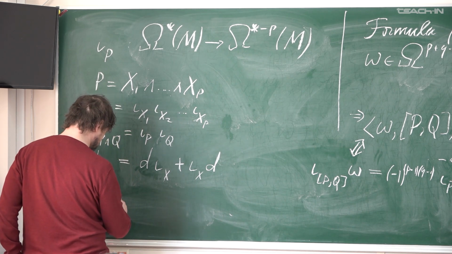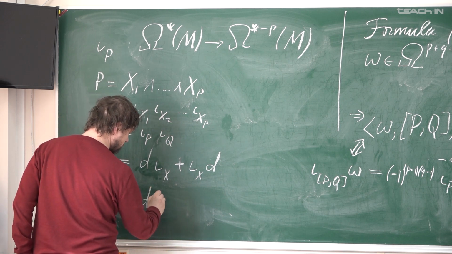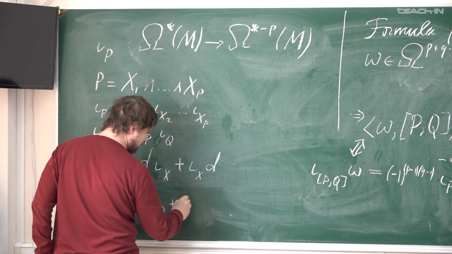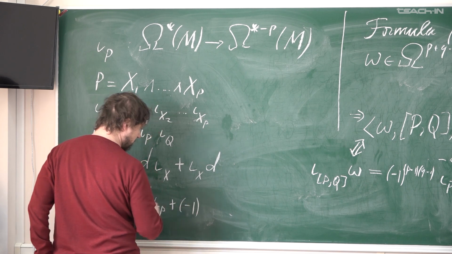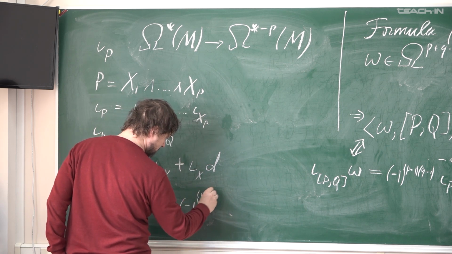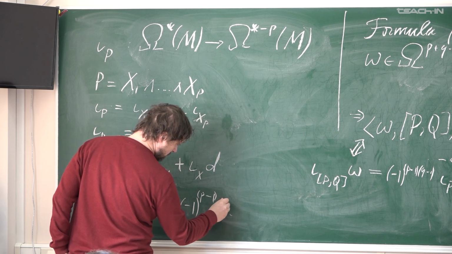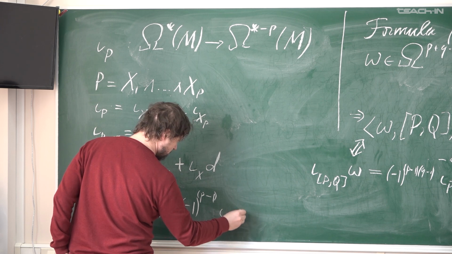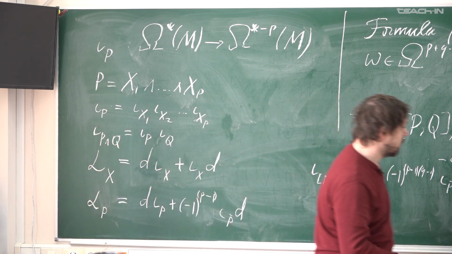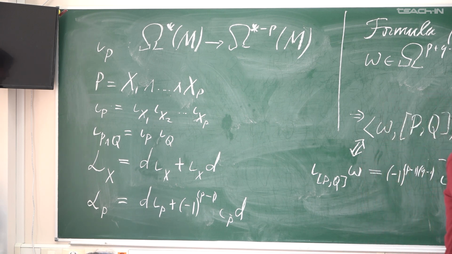as the linear combination of the differential and contraction with p, but the sign here will depend on the degree of p. I think it's p minus 1, right? I'm not sure about this, so this sign is a little bit of conjecture. So we can now try to rewrite this.